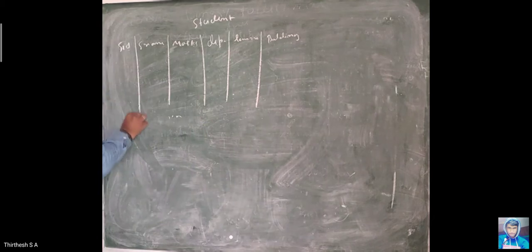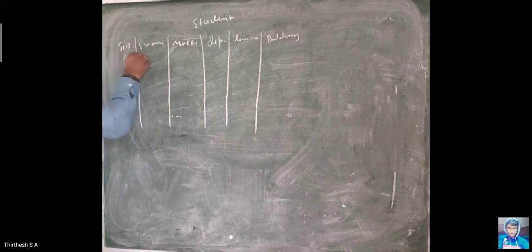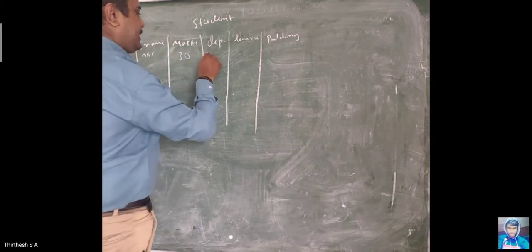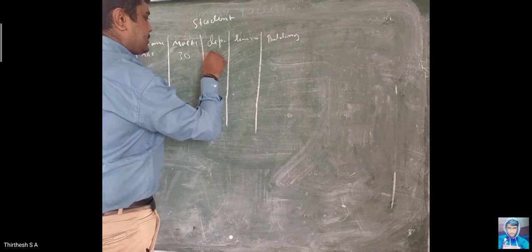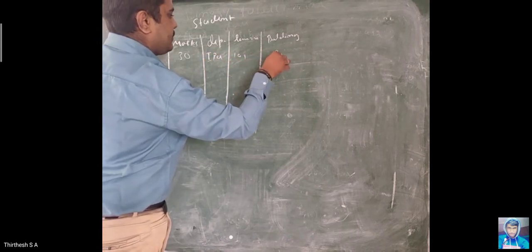So you are going to enter some data like 1, ABC, marks as 30, department as first PU, room number as 101, building is B1.